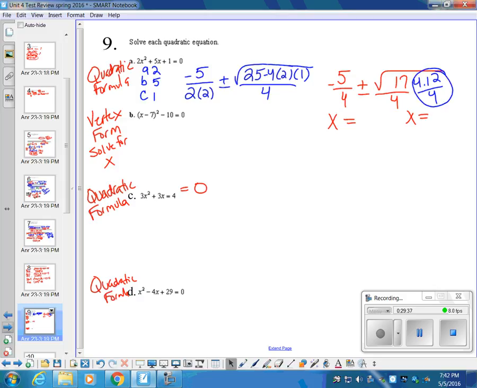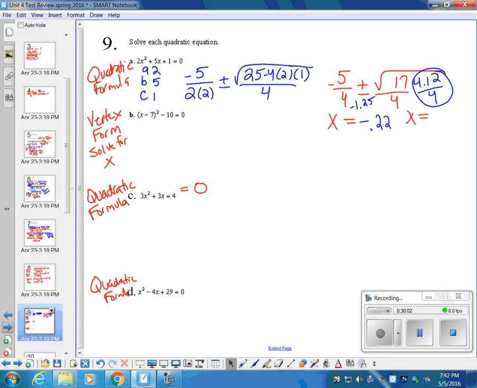So we're going to have negative 5 divided by 4, which is negative 1.25. So I'm going to do negative 1.25 plus the 4.12 divided by 4, and I got negative 0.22.